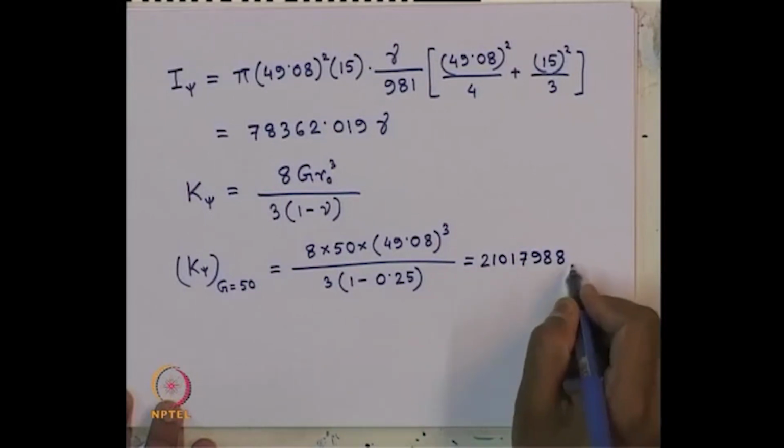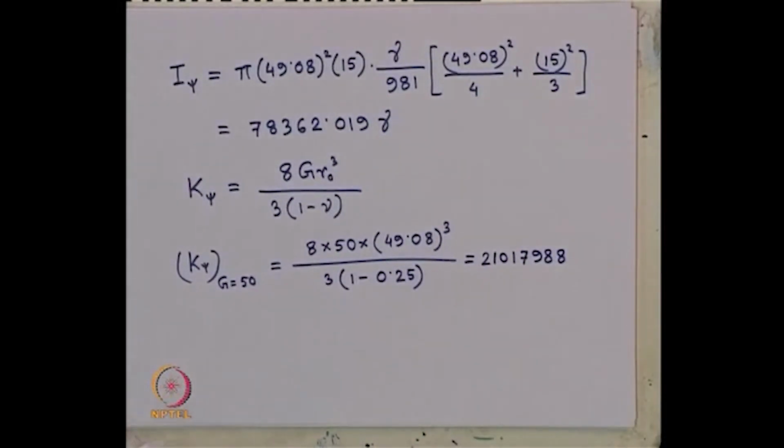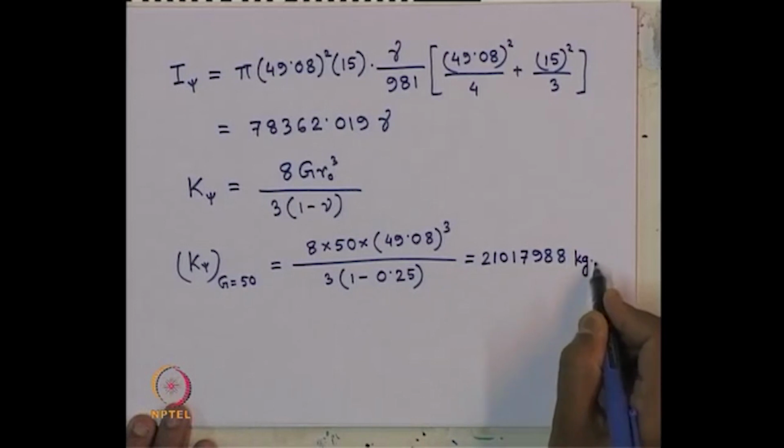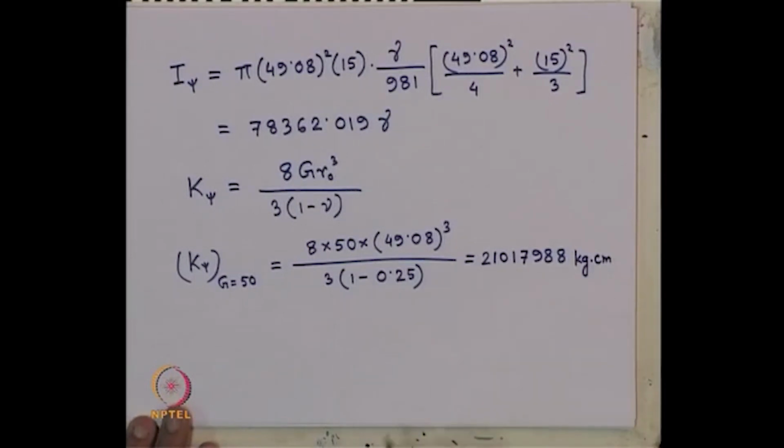What is the unit for this? The unit for this will be kg centimeter. Why? This is a rocking stiffness, equivalent to the torsional stiffness. Okay? This is not the linear spring, it is a rotational spring. So, do not forget the units, these are important also.